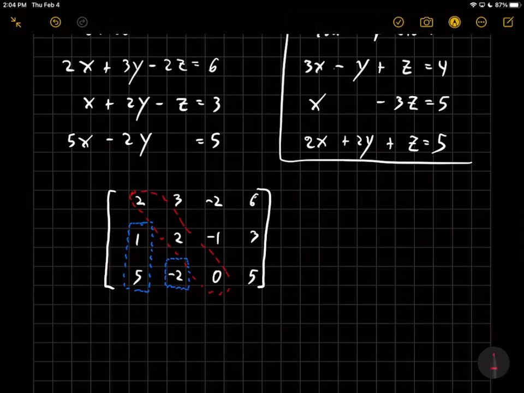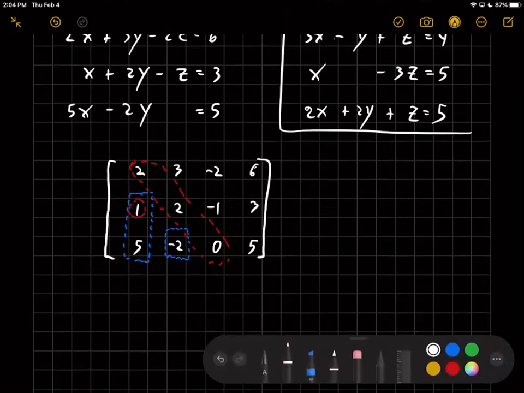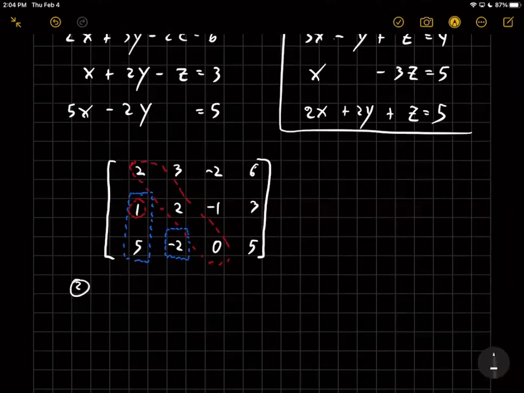Now remember, the first thing we're allowed to do is switch rows. So in this case, I can get a 1 in the right position simply by changing rows 2 and 1. So I'm going to rewrite this matrix. I'm going to put row 2 on top.